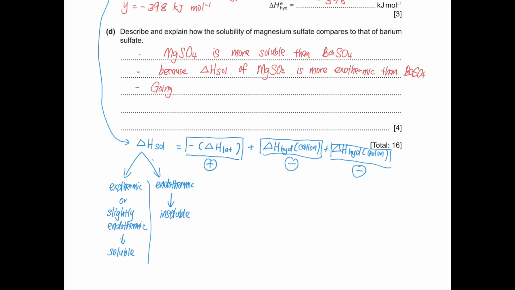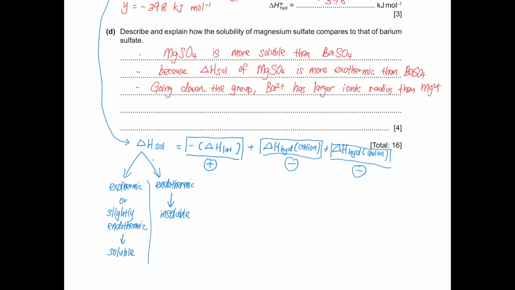Then for the third point, you can further explain it by saying that going down the group, barium 2 plus has larger ionic radius than Mg2 plus.